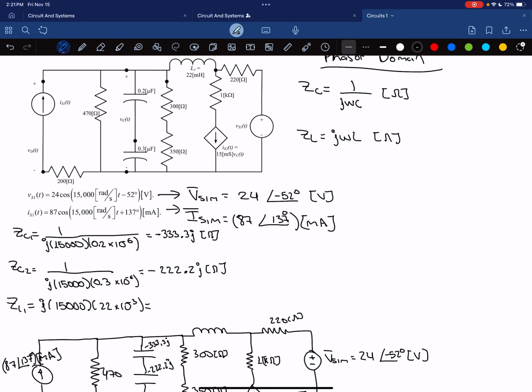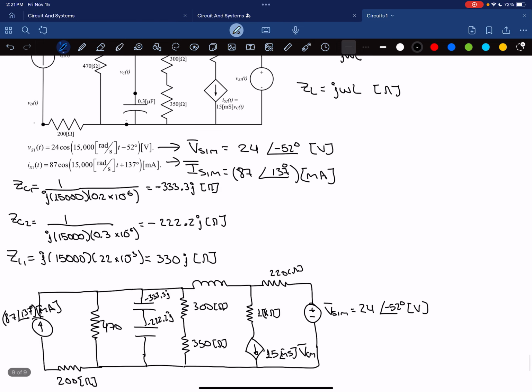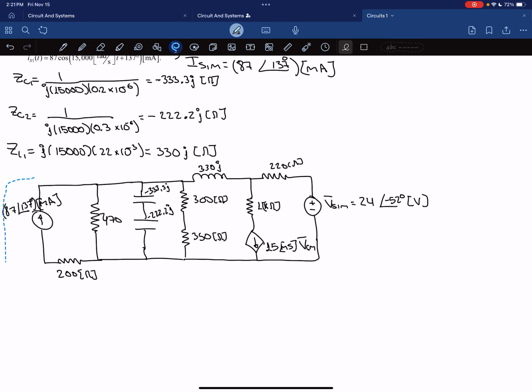And when you do that, you get 330j ohms. Perfect. So now we have everything we need. This is 330j. We have everything we need.